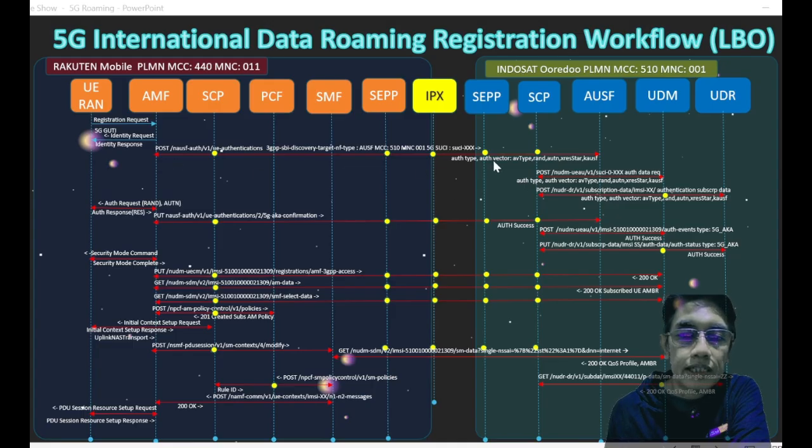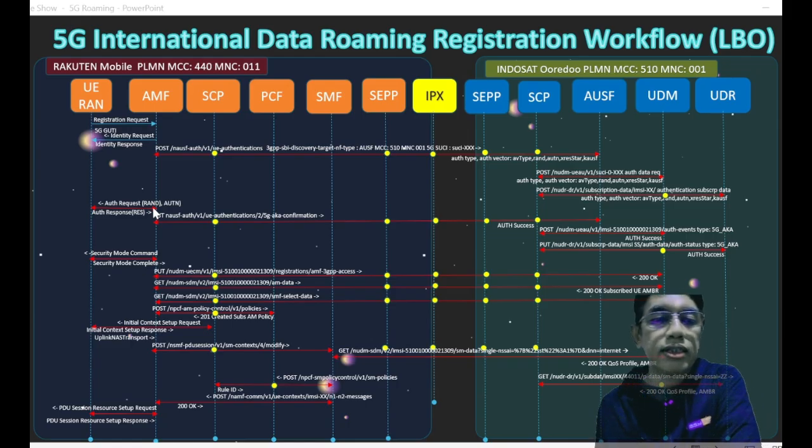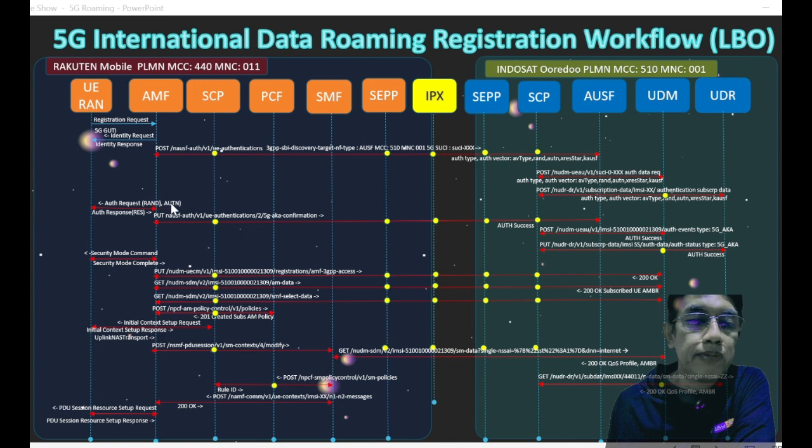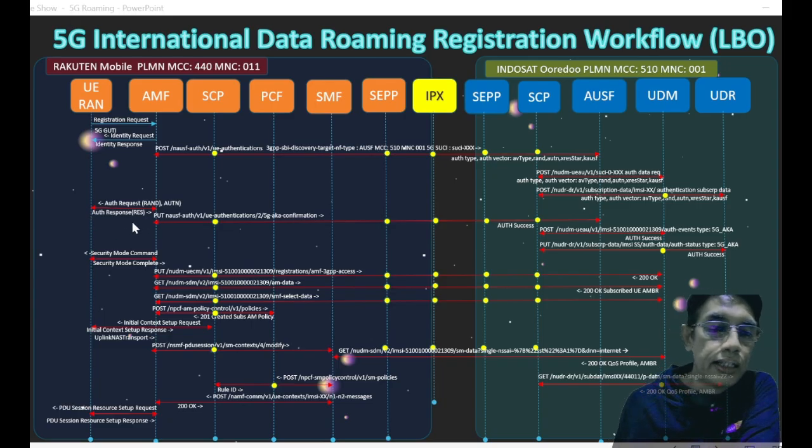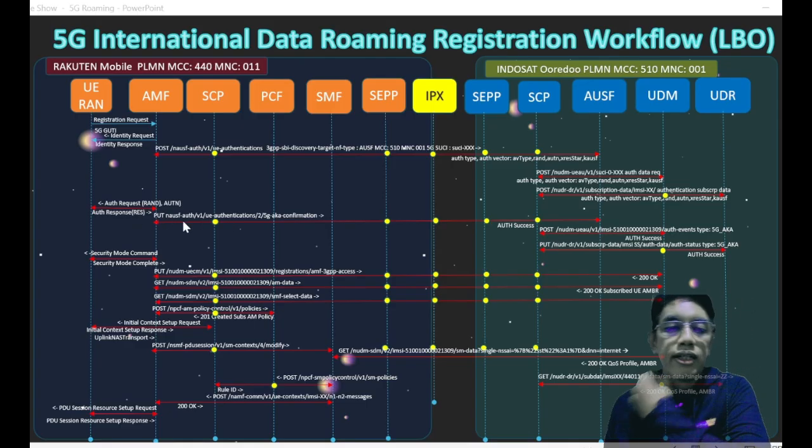Once received this authentication factor, AMF will send authentication requests containing the random and authentication number to the UE, and UE will respond with the RES variable to the AMF. This RES value will be checked again by the AMF to the authentication server function in the home PLMN via the same route as the previous request.